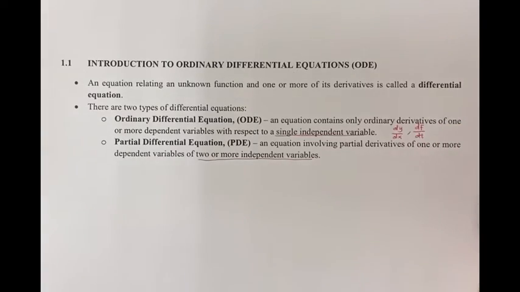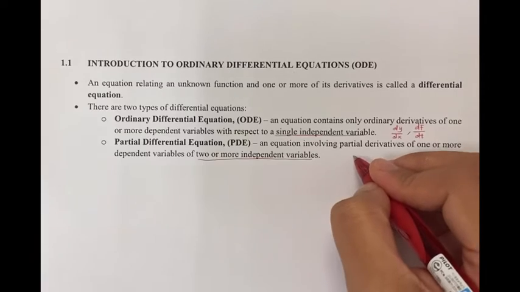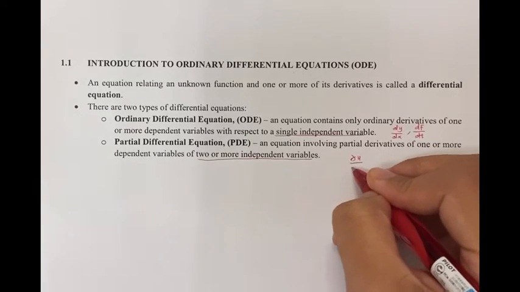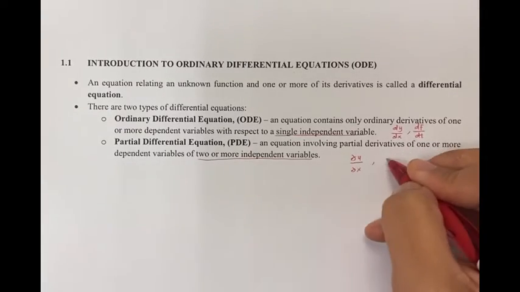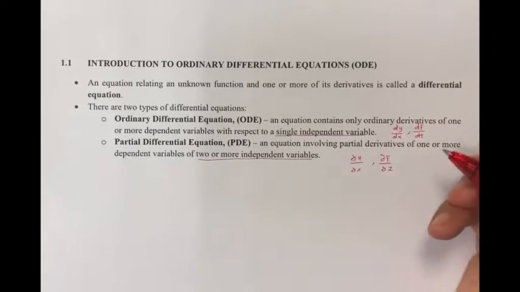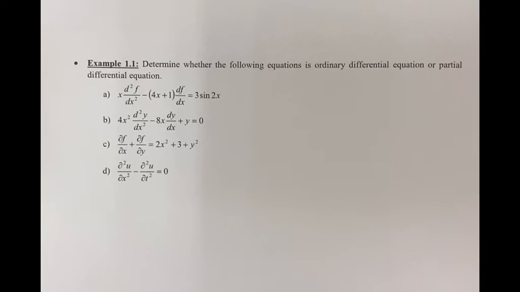We use d. But for PDE, we use del u over del x, or del f over del z, for example. In example 1.1, determine whether the following equations is ordinary differential equations or partial differential equations.